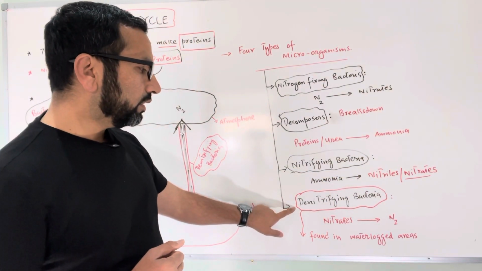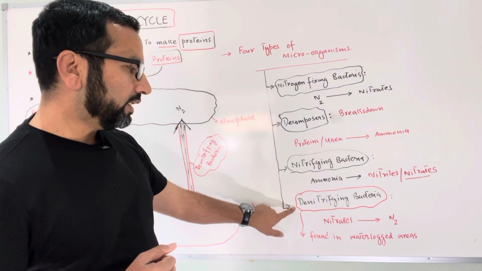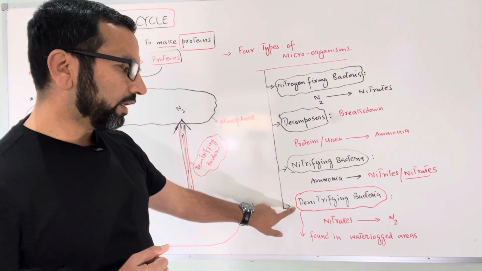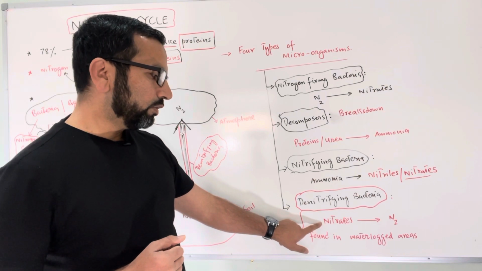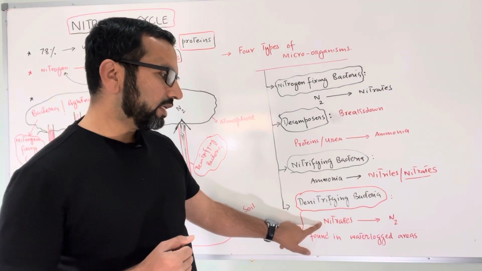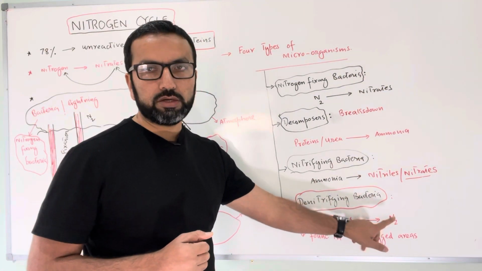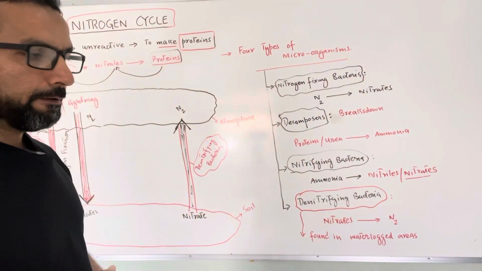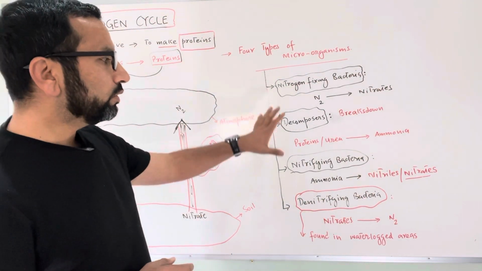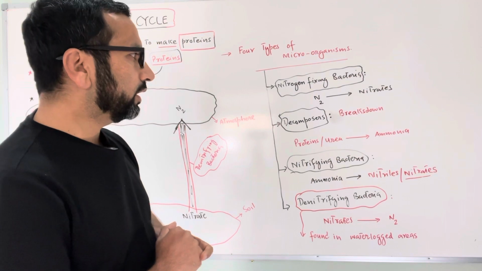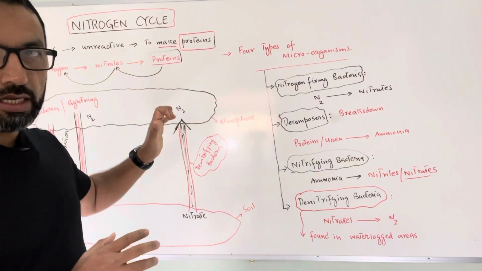There is another group of bacteria which is called denitrifying bacteria. That group converts the nitrates back into nitrogen gas. Altogether these four groups control the nitrogen cycle.